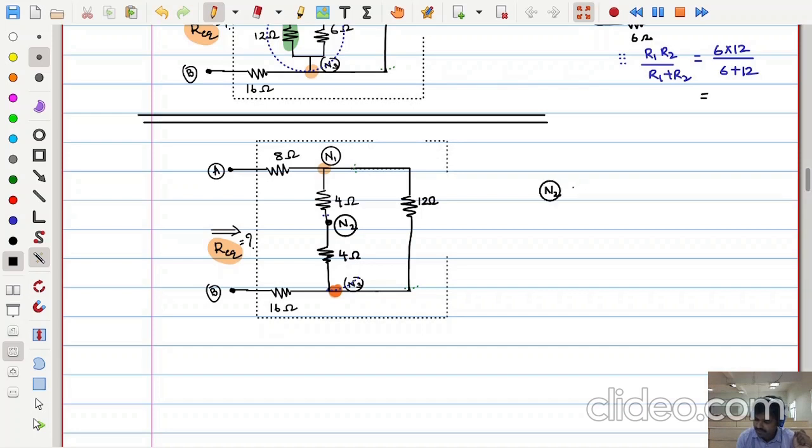Yes or no? Yes, sir. So after modifications of the elements, when we replace 2 by 1, 2 by 1, and keep on replacing, some nodes may become simple nodes in the process. Here, such a node is N2. Now, can I say 4 and 4 are in series?